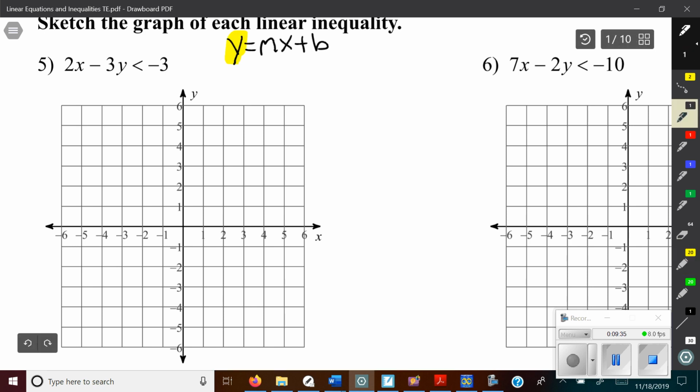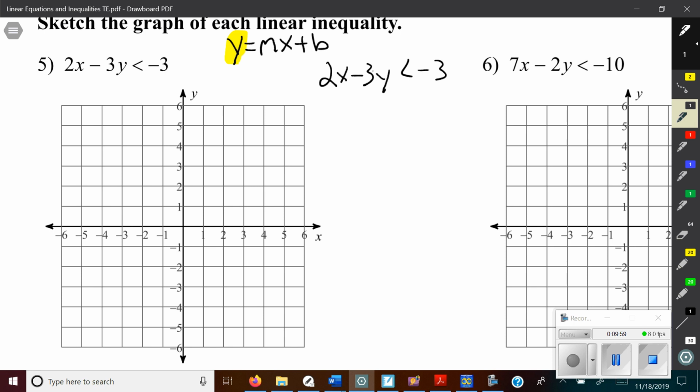So I'm going to rewrite the equation here that's in standard form. Everything on this side, the 2x term and the -3 that's multiplied against the y, I want to get to the right side. So to do that, you have to do the opposite of the operation.